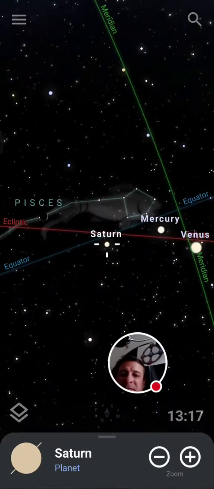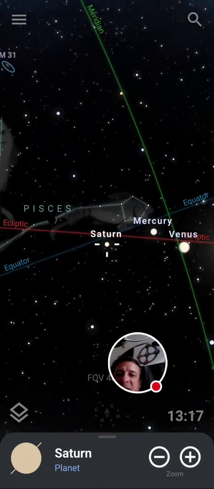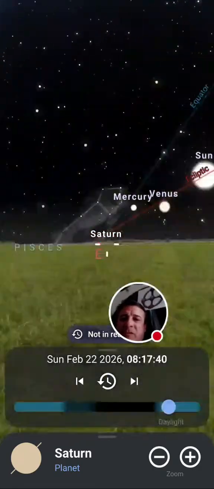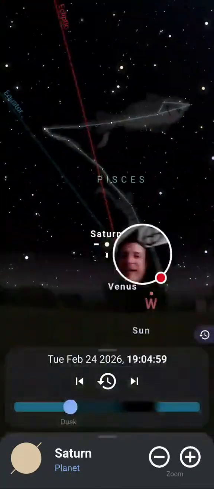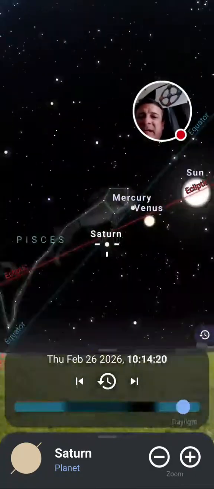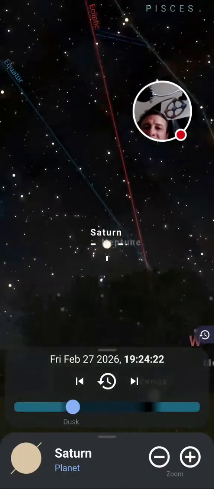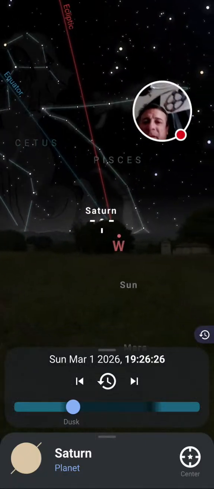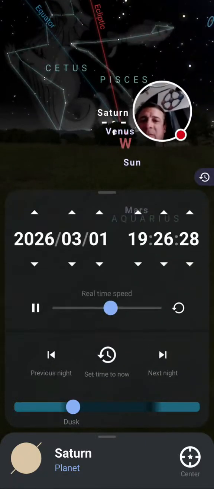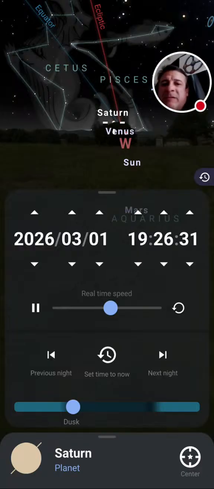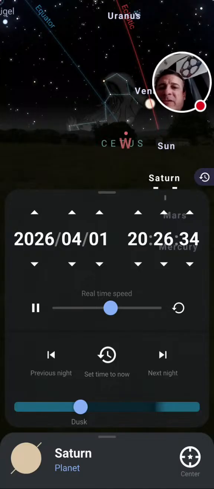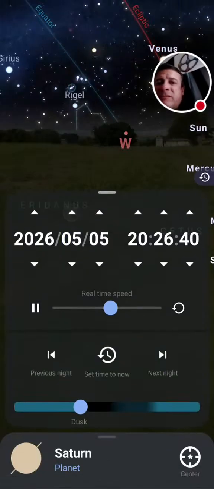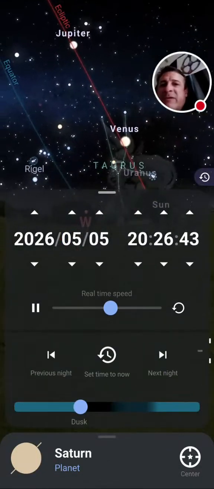So we'll keep our eyes on Saturn, and then we'll take it through as the planets dance by. We get up to 5 there.